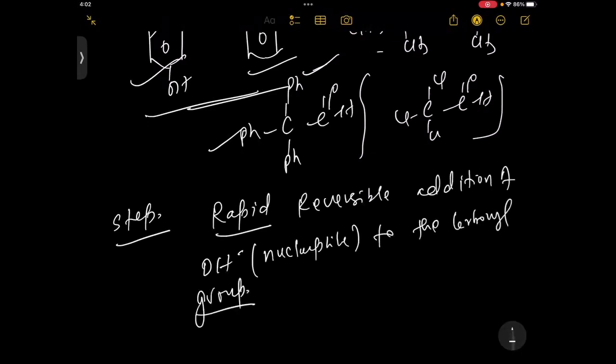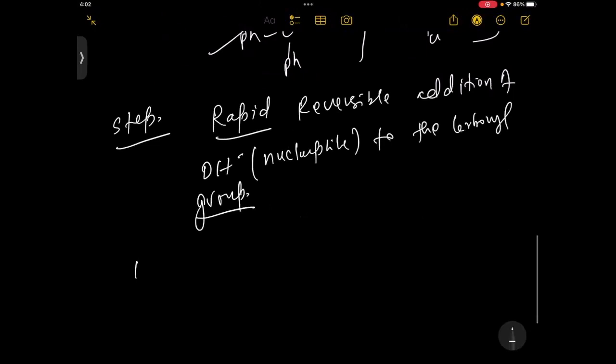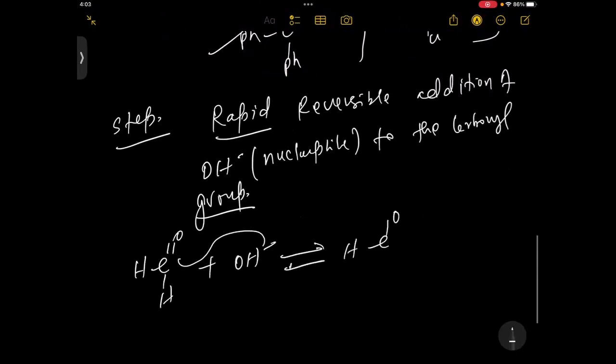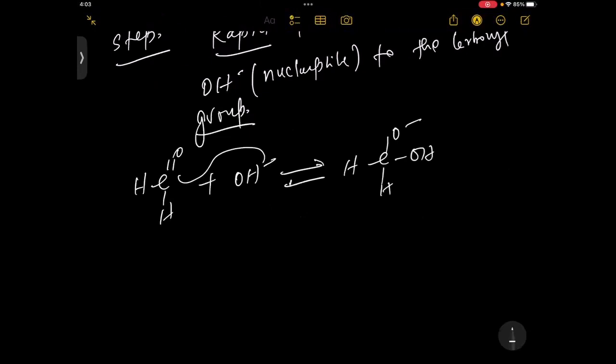See here, HCHO, OH negative will attack here. It is a reversible process, students. So what will happen? We get the alkoxide intermediate.